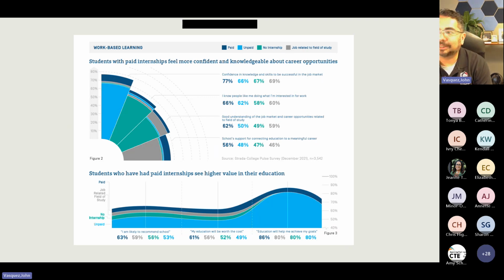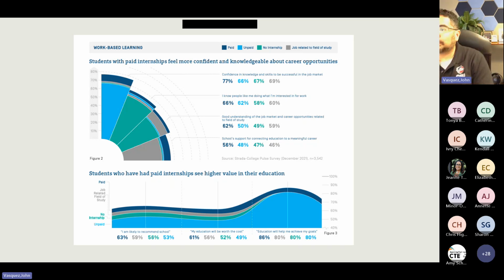For the confidence and knowledge and skills to be successful in the job market, 77% of students who have a paid internship are confident about that. Of those that have paid internships, 66% know what they're interested in and plan on doing that for work later on. 62% have a good understanding of the job market, and 56% support the school.